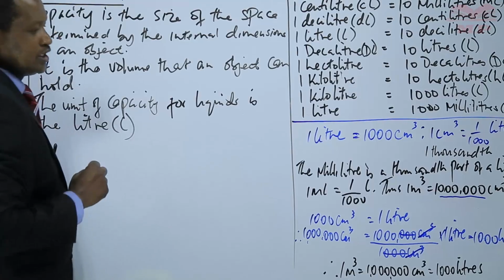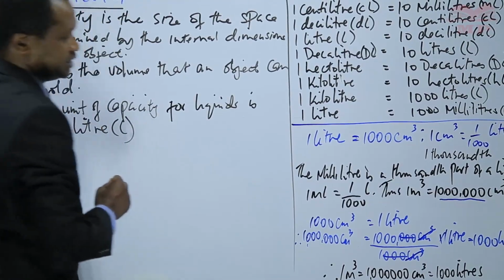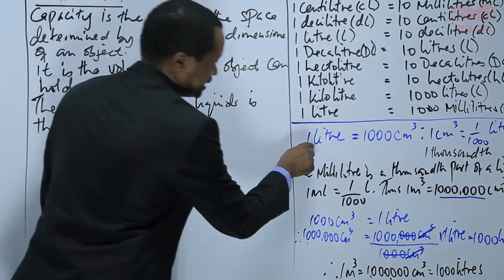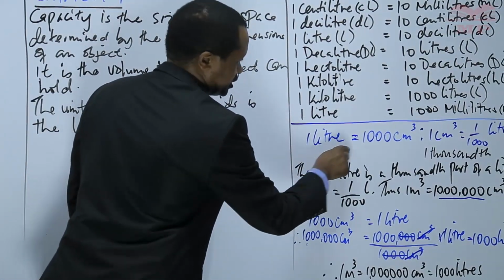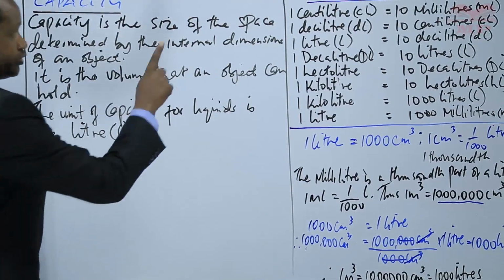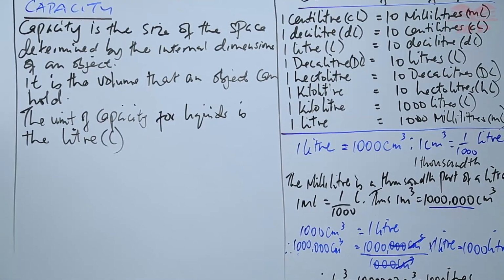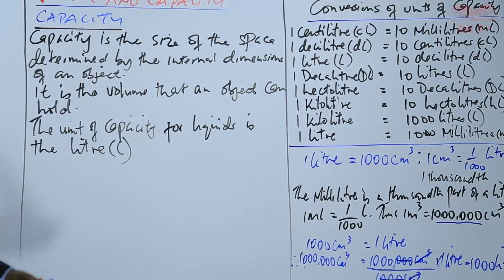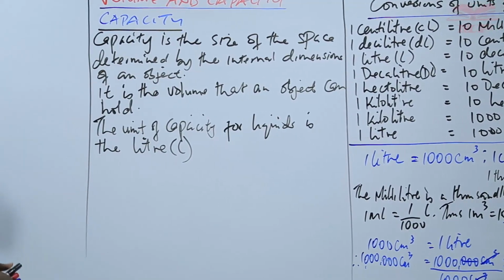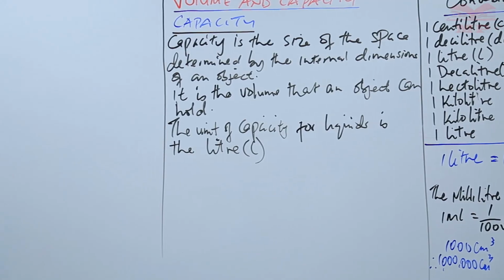Here we have also said 1 liter is equal to 1,000 cubic centimeters. Important conversions. Now let's have some illustrations, and as usual I have illustrations here already on the board.